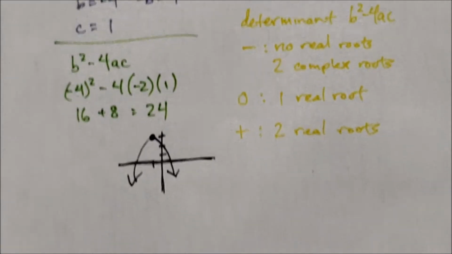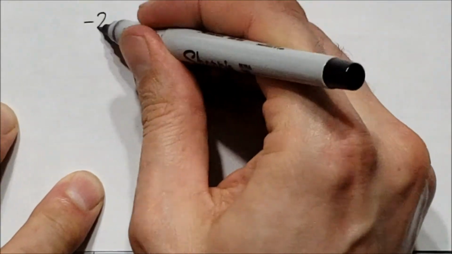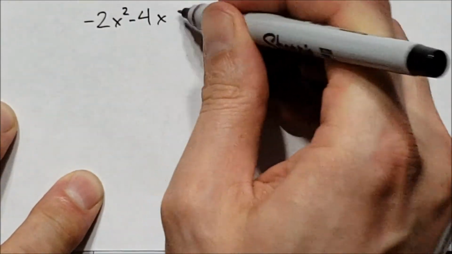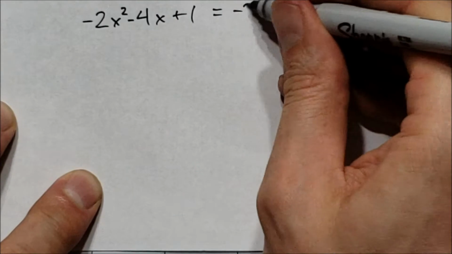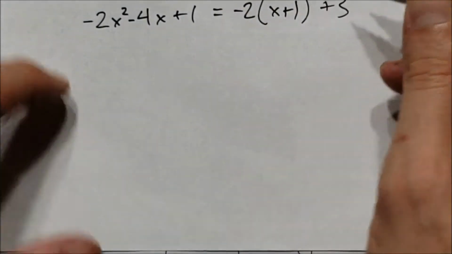Well, there are a couple of ways. We have negative 2x squared minus 4x plus 1, which is the same as negative 2 times x plus 1 quantity squared plus 3.